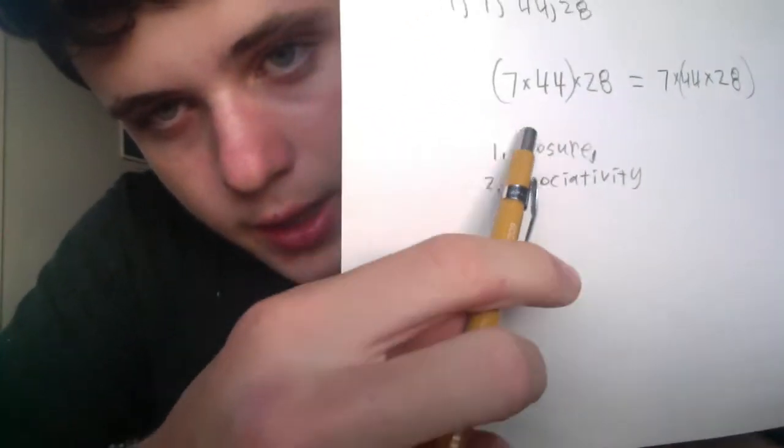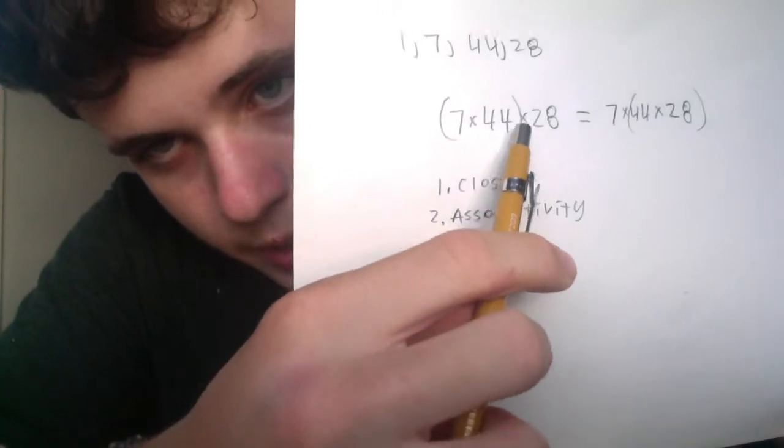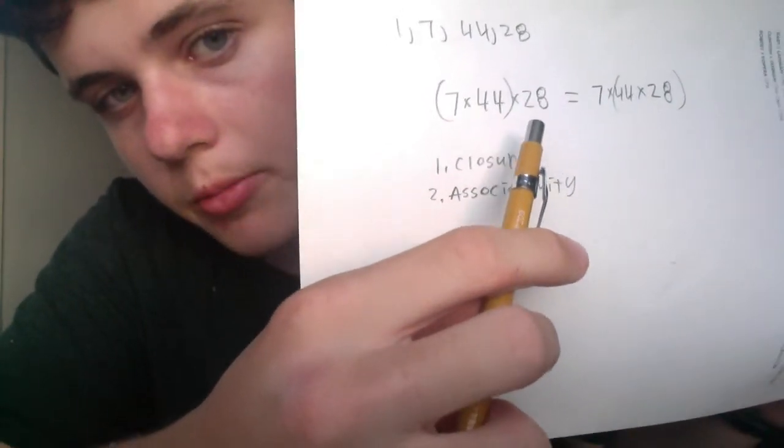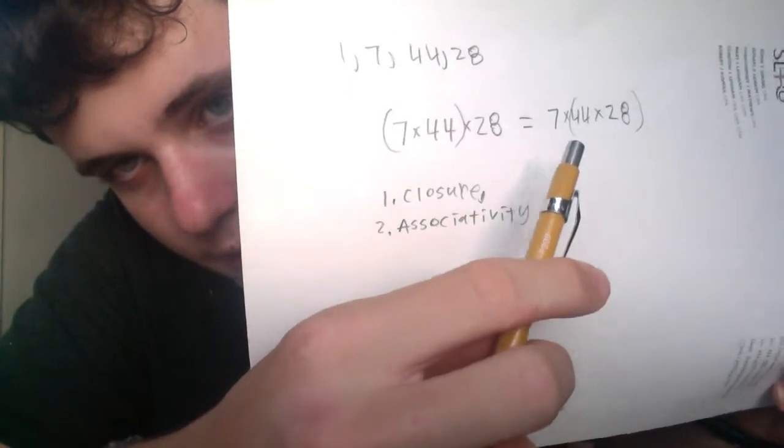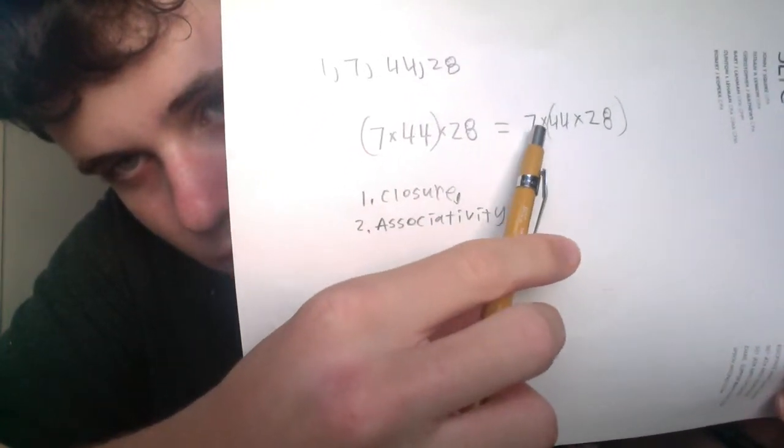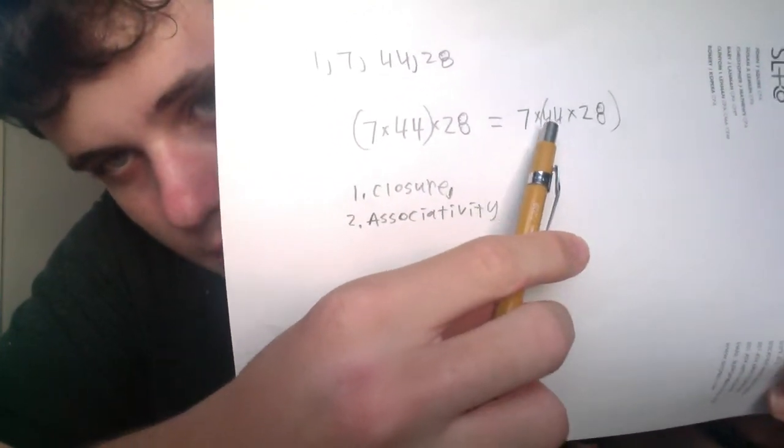So if I take 7 times 44, and I multiply it by 28, although it's not really multiplication, just remember that, that has to equal 7 times the product of 44 and 28.